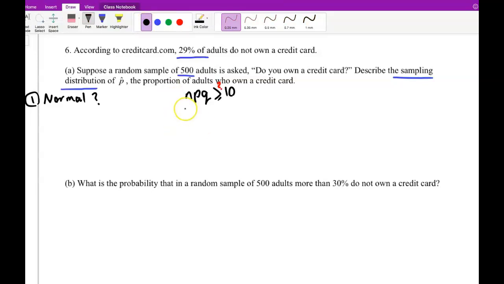Okay, so n we have 500, times p, which is 29%. So using that p, q is 1 minus p, so it's 0.71.